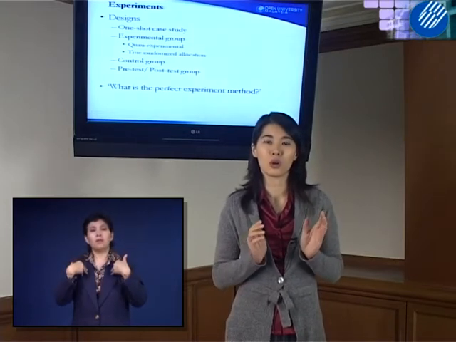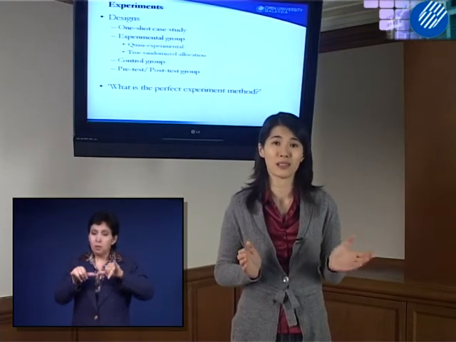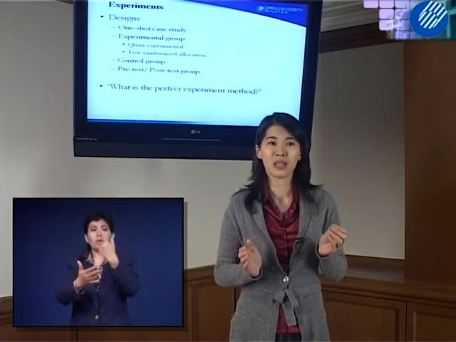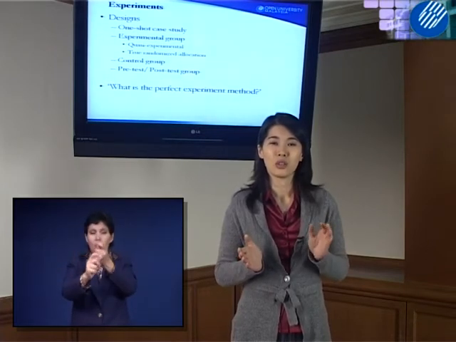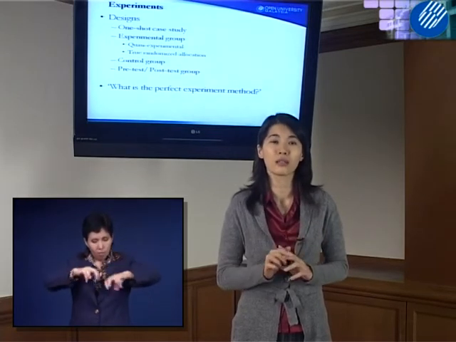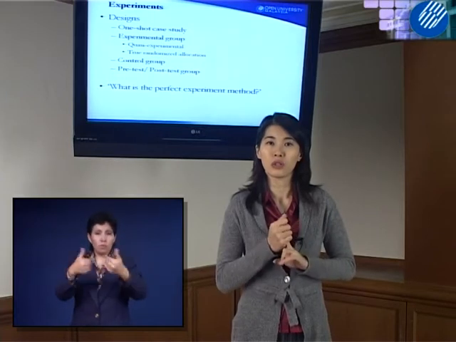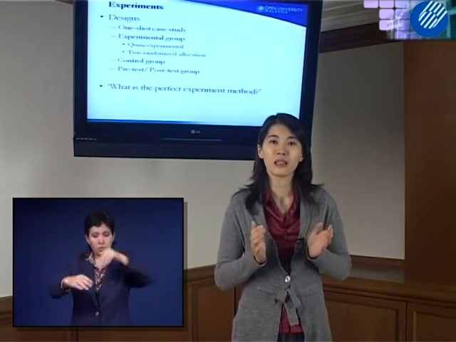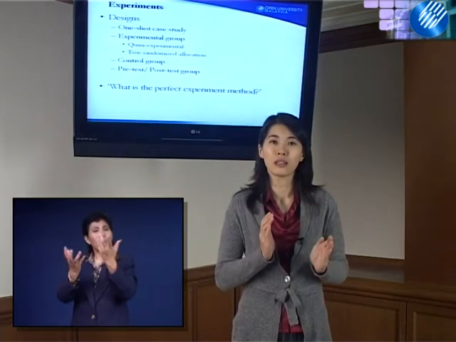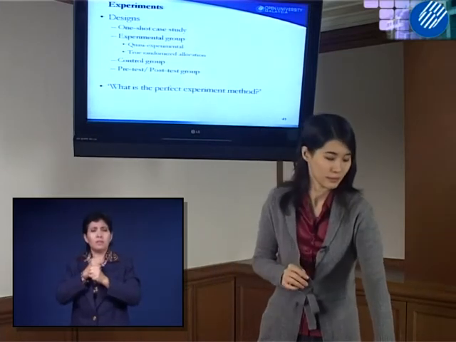What we can do is always go to the next experiment and better the previous experiment. What is the perfect experiment method? There is none. You always have to look back at what your hypothesis is about, how you want to carry out your research, in what manner, and the best is to control it so that you get what you want to find, and you do it nicely.